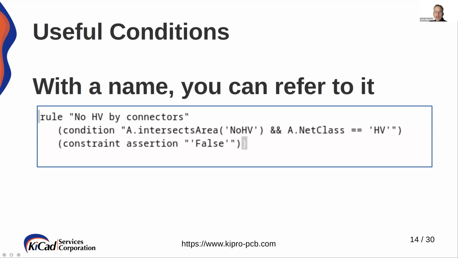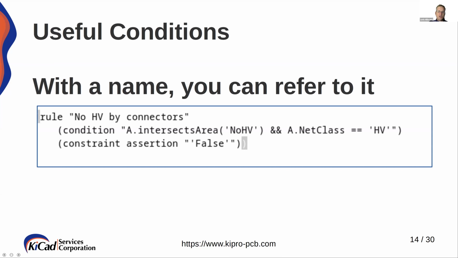And then what do we do when this is true? We set up a constraint. The constraint is just an assertion, and all we say is we're going to assert false. So if the two conditions are met, we want to make an assert, and an assertion will pop up in the DRC check.